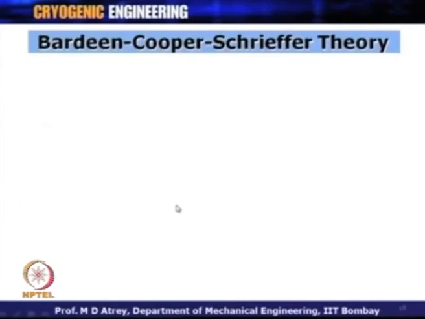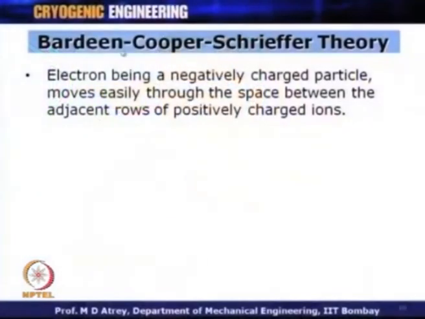Now, why does the material become superconducting? We understood the fact that electrical conductivity increases, but Bardeen, Cooper and Schrieffer put forth a theory that not only does the electrical conductivity increase, but some of the materials become superconducting at low temperature. And this is called BCS theory, named after Bardeen, Cooper and Schrieffer.